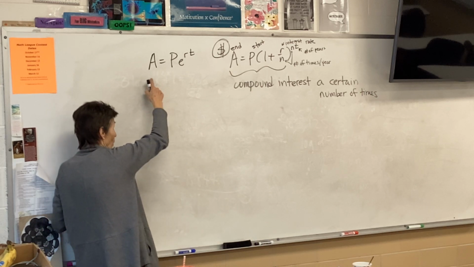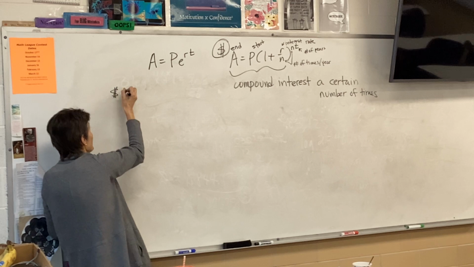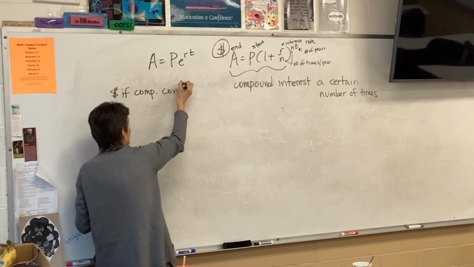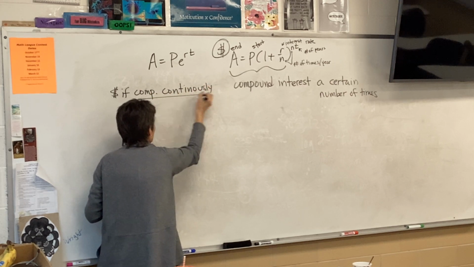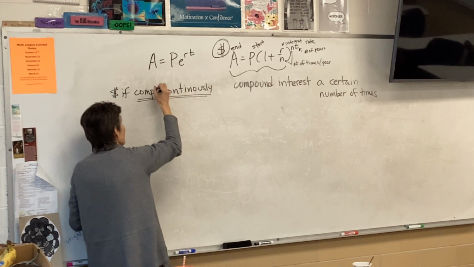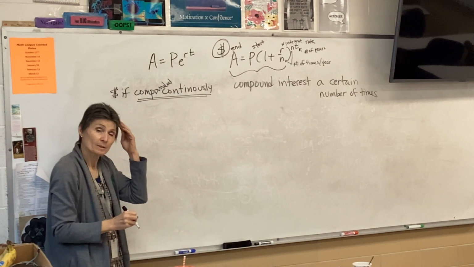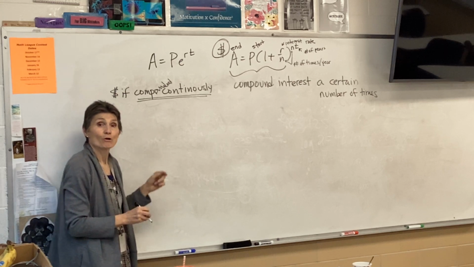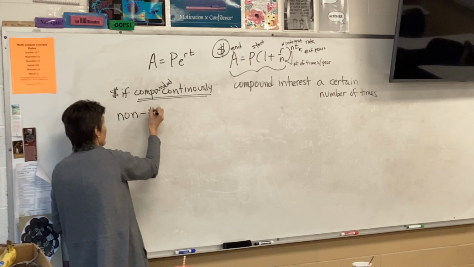Now, this one can be used for money if it's compounded continuously. So if you see that word, compounded continuously, then you're going to use that formula. You're also going to use this formula for non-money.